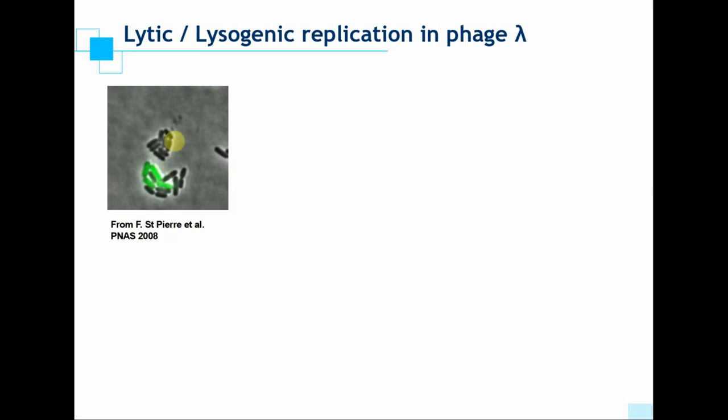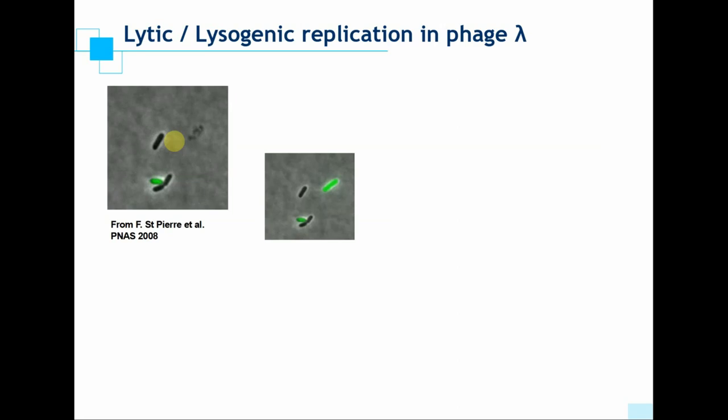So after the infection, you have two very different fates for these infected cells. At the beginning, you've got this cell, which is infected, and this cell, which is also infected. This one is going to be killed. This one survives. So what is happening in these two cases? For this cell, phage lambda is conducting a lytic cycle, just the same as what we saw for bacteriophage T4.